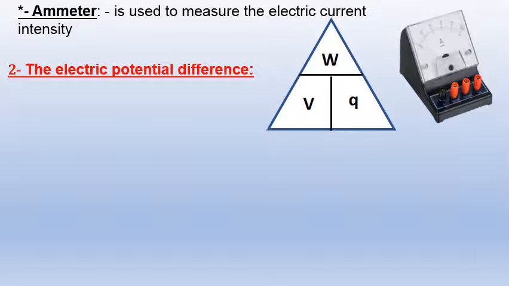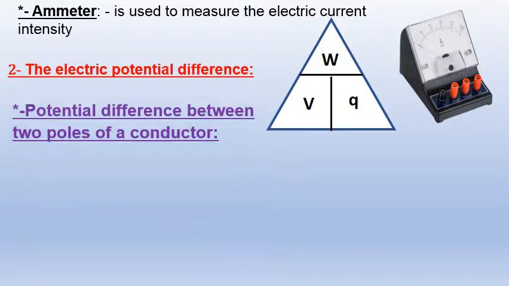Now number 2, the second property of the electric current is called the electric potential difference. The potential difference between the two poles of a conductor.